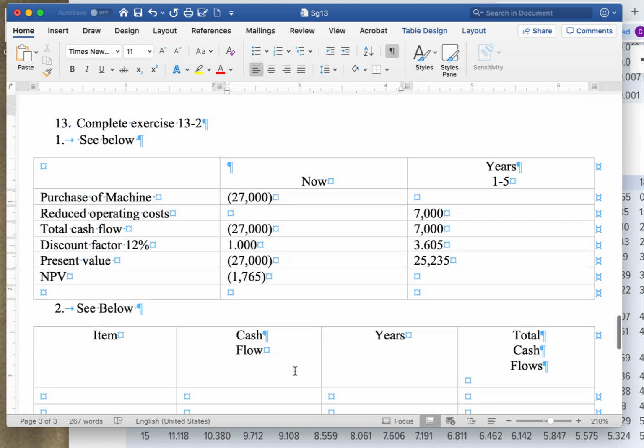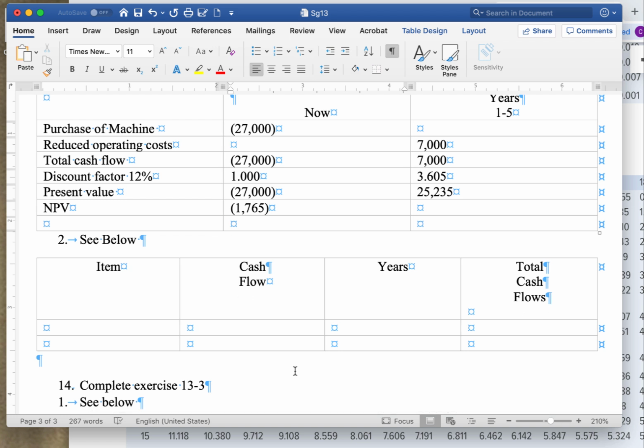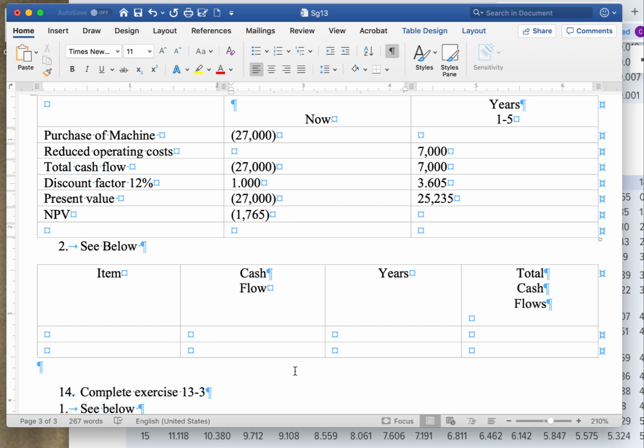Okay. Part 2 says, what if I consider the cash flow but not discounting future payments back to today's dollar value? Okay, I can do that. Well, first I'm going to have an annual cost savings of $7,000 for 5 years, right?